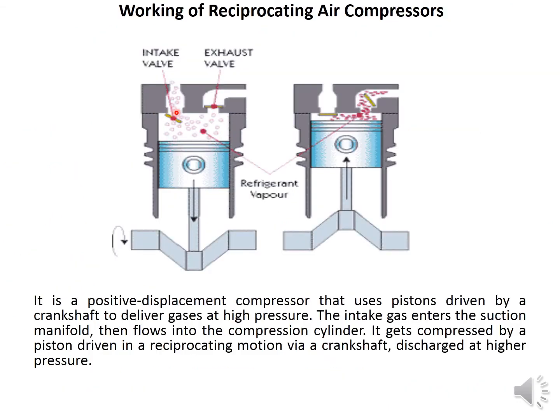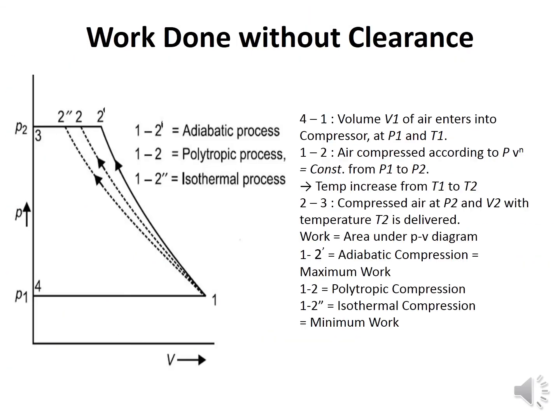Here, where is the clearance? In this slide, first we'll calculate for the case without clearance. In the next video we are going to calculate with clearance. Now, considering this whole area as work done area, we are not leaving any clearance. So 4, 1, 2, 3, 4 we will consider as fully work done.